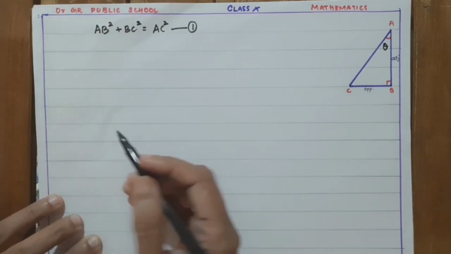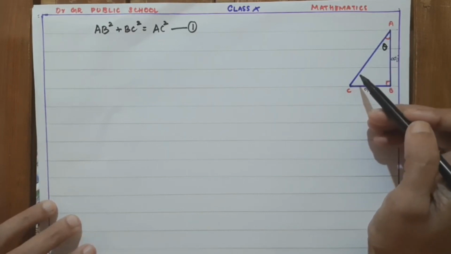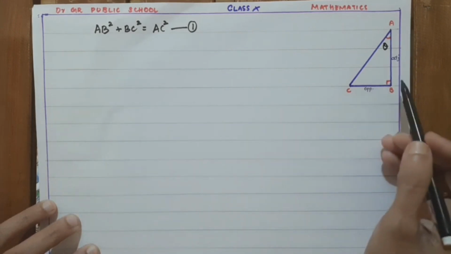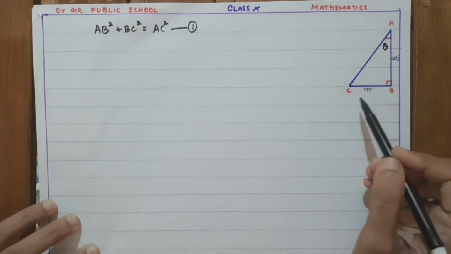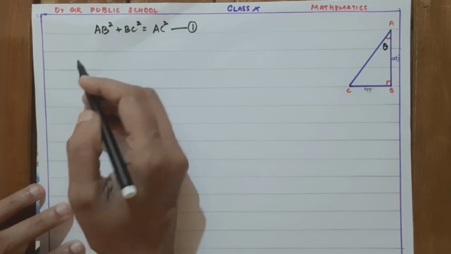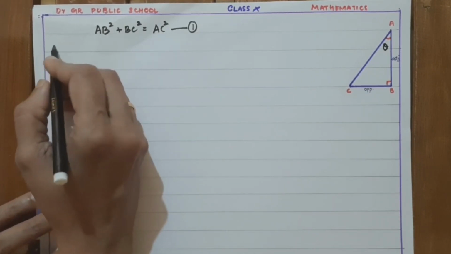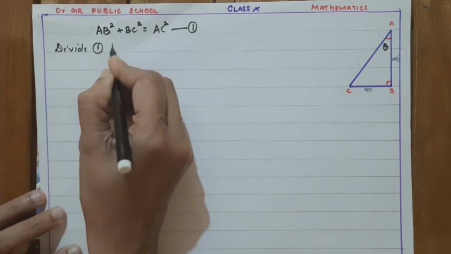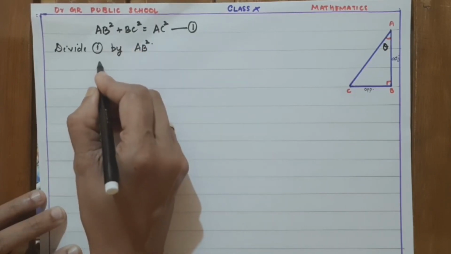Okay. So first we divided by the hypotenuse to get the sine ratio and cos ratio. Next let's divide by any other side, either AB square or BC square. So now I am going to divide the equation by AB square. So let's see what identity we are getting. Okay. So divide equation 1 by AB square. So what will we get?